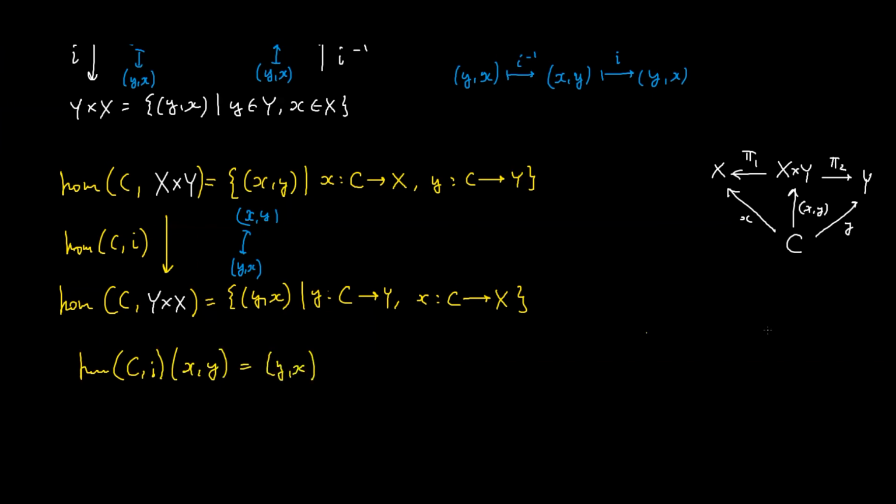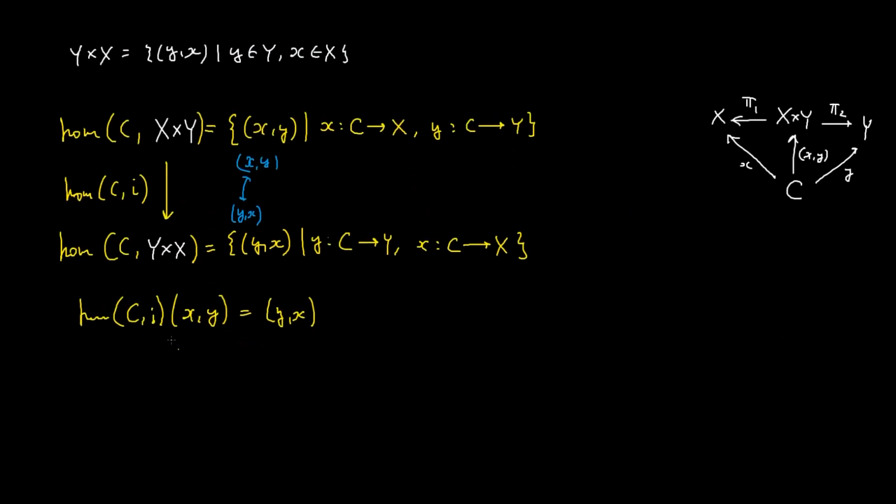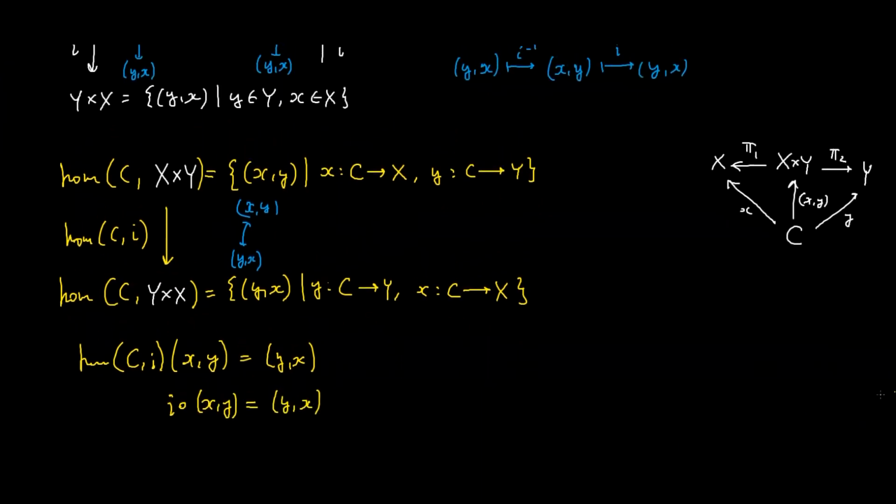I want that, right? But wanting that is the same as wanting that I composed with the pair xy must equal the pair yx. Why are these two things the same? Because that's how hom_C(-, I) is defined. It attaches the morphism to the left side of my other morphism.